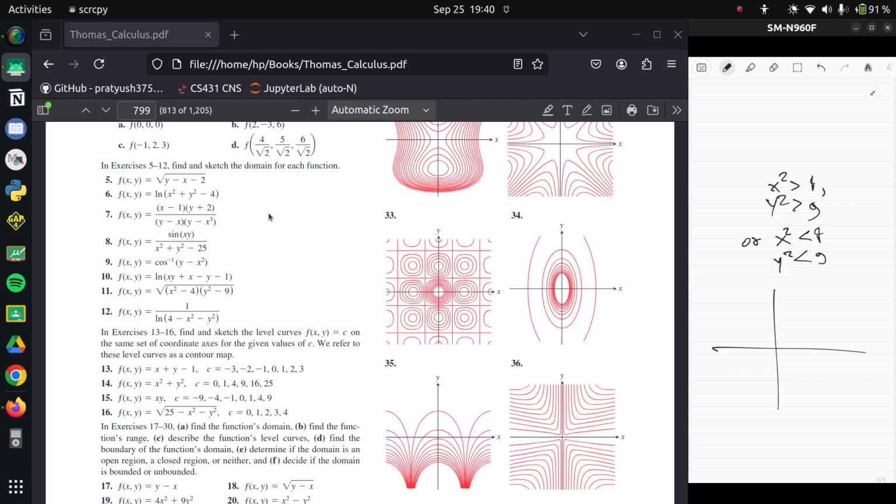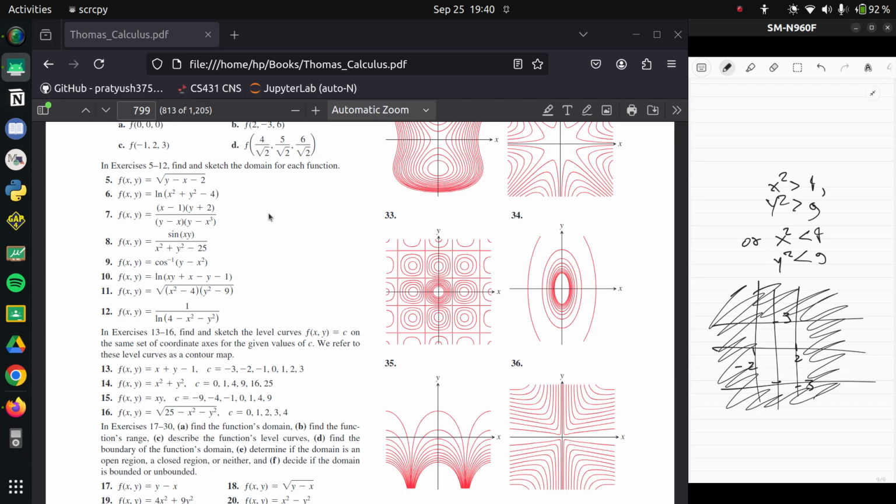What does that mean? This means x is bigger than 2 or less than minus 2. This would be 2, this would be minus 2, this would be 3, this would be minus 3. So either this or that, and at the same time you should also have this. So this whole region is what we are looking for, right? And then you also have this region where x is less than 2, so basically this inside stuff, that's one region.